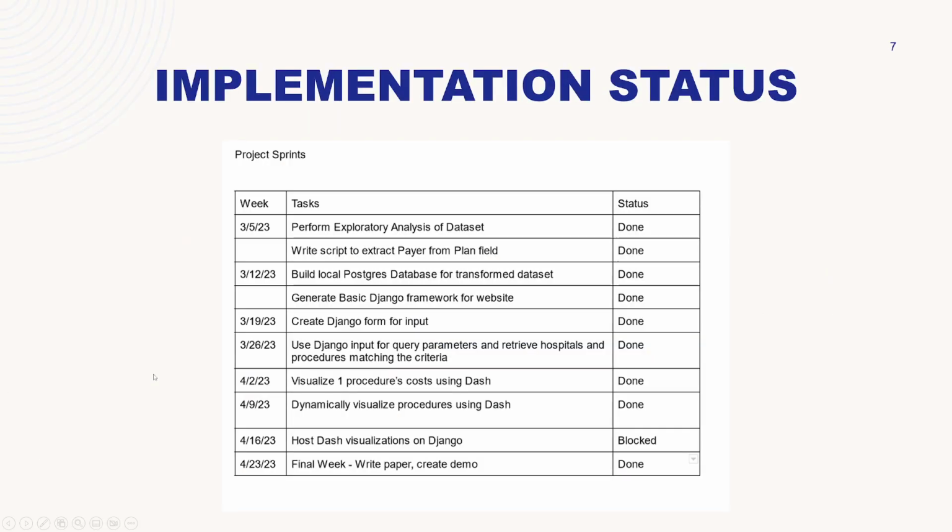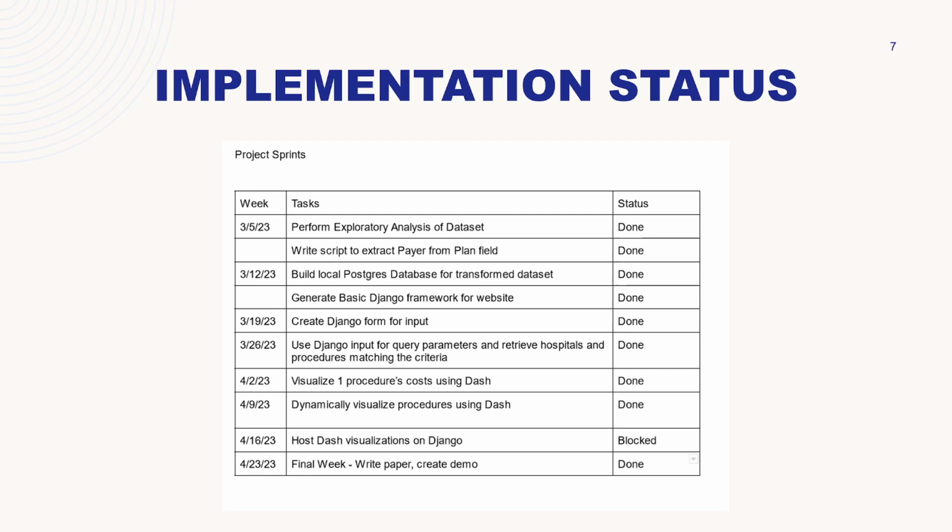So in terms of the implementation status, we've gotten through everything, which is great. The only portion of this project that unfortunately did not get completed was hosting the Dash visualizations on Django. That turned out to be a little bit more of a technical lift than I was able to do. I spent about 2 weeks trying to do that, and the entire project itself is generally functional.